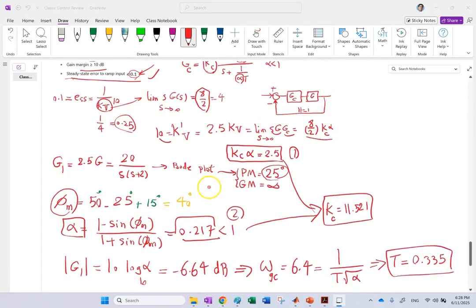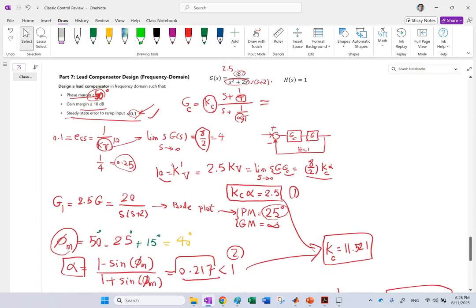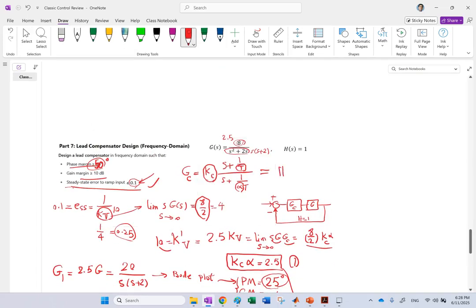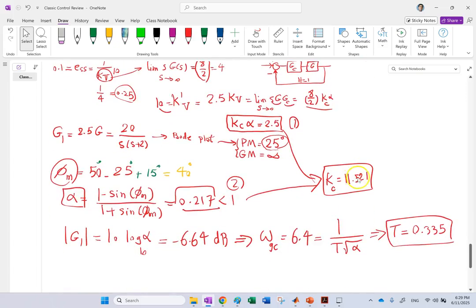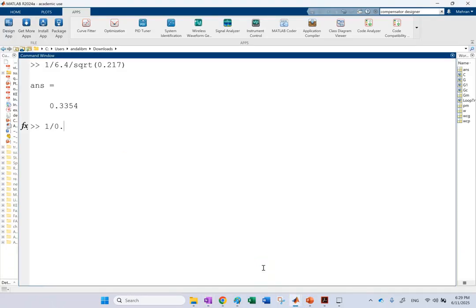So now what is my compensator going to be? Well, let's just plug in the numbers. So Kc was 11,521 times S plus 1 over T and S plus 1 over alpha T. So I need to calculate 1 over T and 1 over alpha T. So the first one is 1 over this number, which is 2.985.